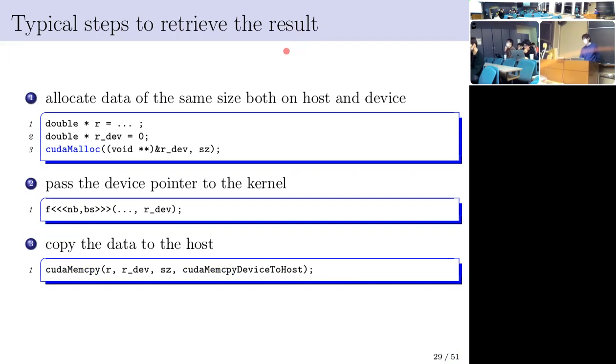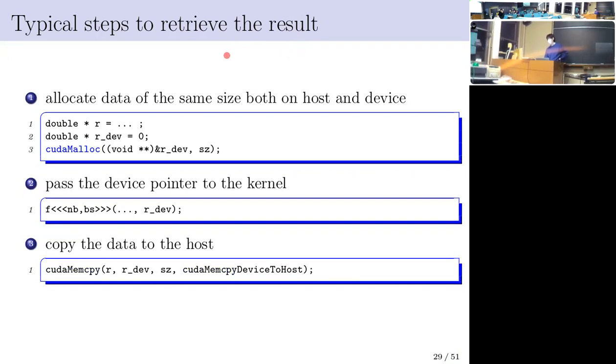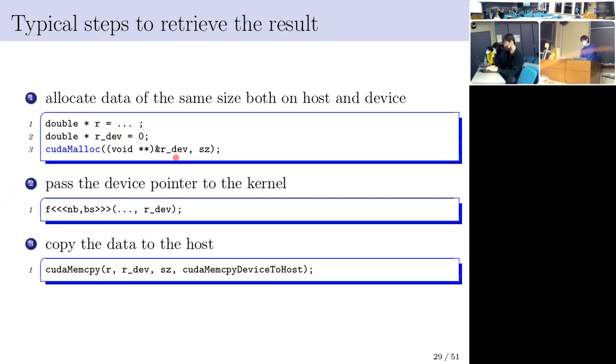So here are some typical steps you go through to get some results back from the GPU to the CPU. Just like before, you allocate a GPU shadow copy of the original CPU data, and pass the device pointer to the kernel.